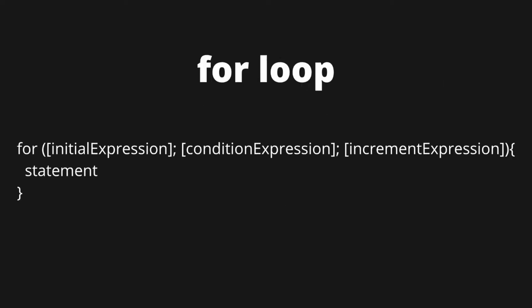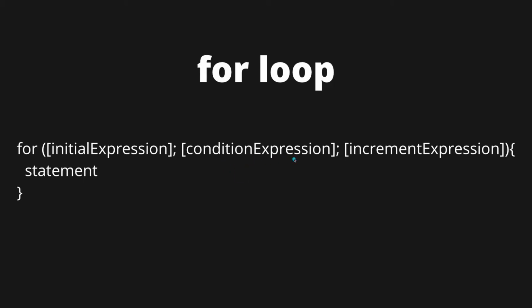So the for loop itself is the loop we can start using since the beginning of JavaScript. As you see here, we have the initial expression first, where we assign the variable of index, and this is the condition expression.